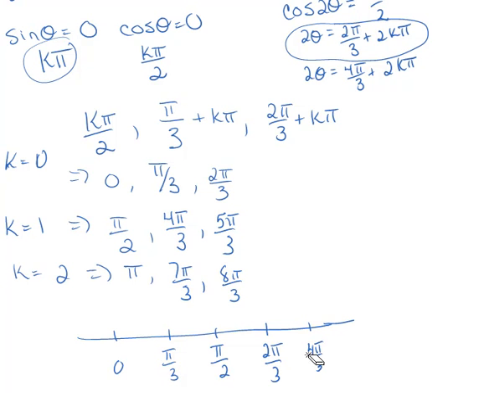I'm sorry, no, it's going to be pi. And then you'll have 4 pi over 3. And then 3 pi over 2. You can look at your unit circle to help you with this.